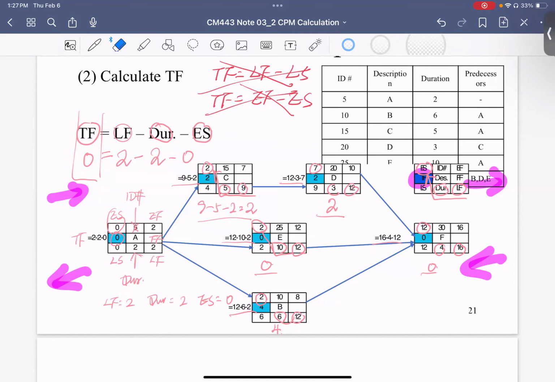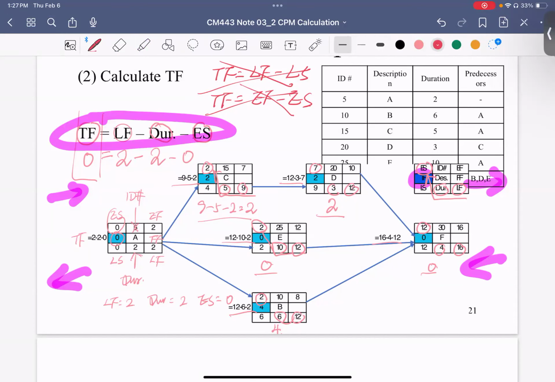What I mean is, once you use this equation to do your calculations, you can use either one of those two to verify it. How to do it? You can use 0 minus 0 to get 0. 4 minus 2 gets 2. 2 minus 2 gets 0. 6 minus 2 gets 4. 9 minus 7 gets 2.